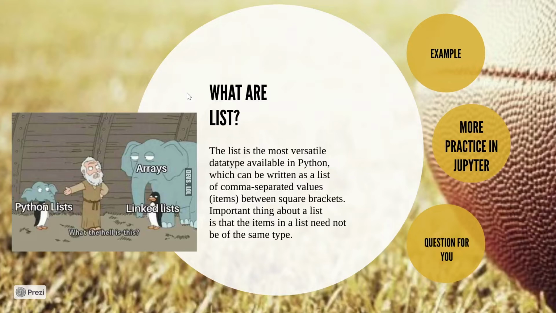Don't worry, I'll show you examples and it will become crystal clear. For the time being, just consider a list as a collection of items, as we use lists in real life. So now let us quickly look at one of the examples.